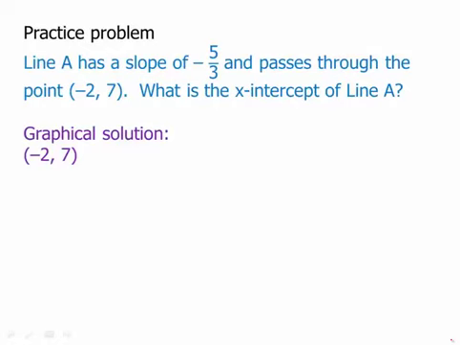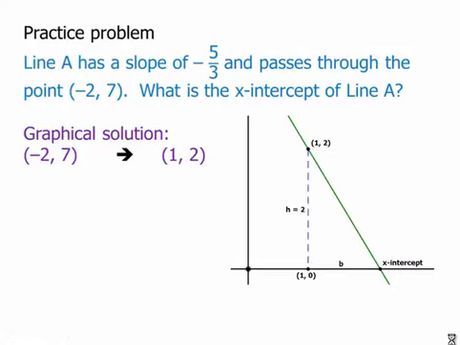And so that would mean the x goes up by 3, so it goes from -2 to +1, and the y goes down by 5, so it goes from 7 down to 2. So now we're a lot closer to the x-axis. Now let's think about that visually. We have the point (1, 2), which is on the line. Then there's the x-intercept.